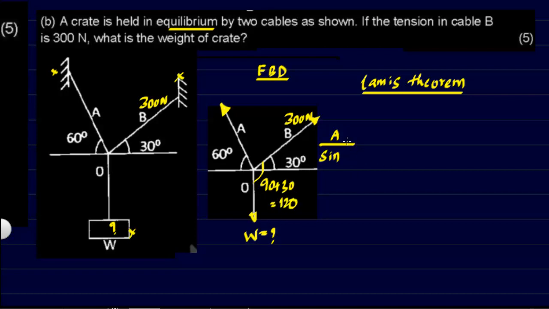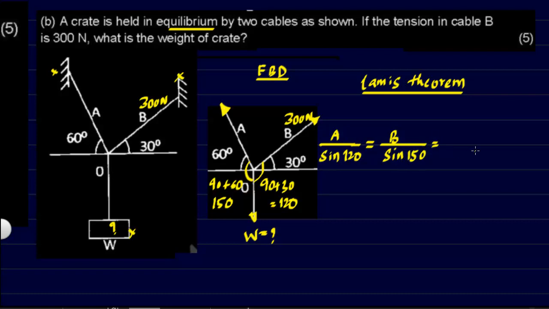Fine. So A divided by sine of 120 is going to be constant, which means if we take force B, B divided by the sine of the angle between the other two forces, which of course will be 90 plus 60, that is 150. So sine of 150. Fine. This will also remain constant. So the constant, which is this, will also be the same as the constant, which is this. So they are both going to be equal.